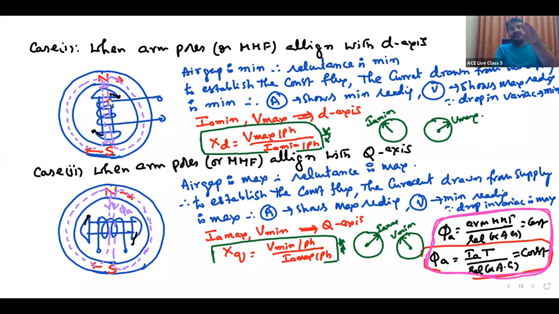That's the reason the magnetizing current drawn from the supply is minimum. But when aligned with the quadrature axis, the air gap is maximum, so the magnetizing current will also be maximum, because the V by F ratio is constant and the flux will be the same. So the current is minimum on the direct axis, where the voltage is maximum, and the current is maximum where the voltage is minimum.